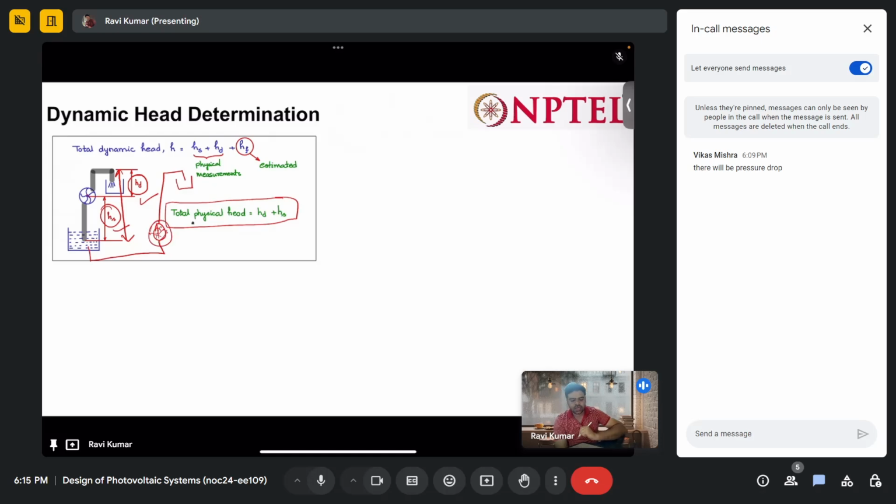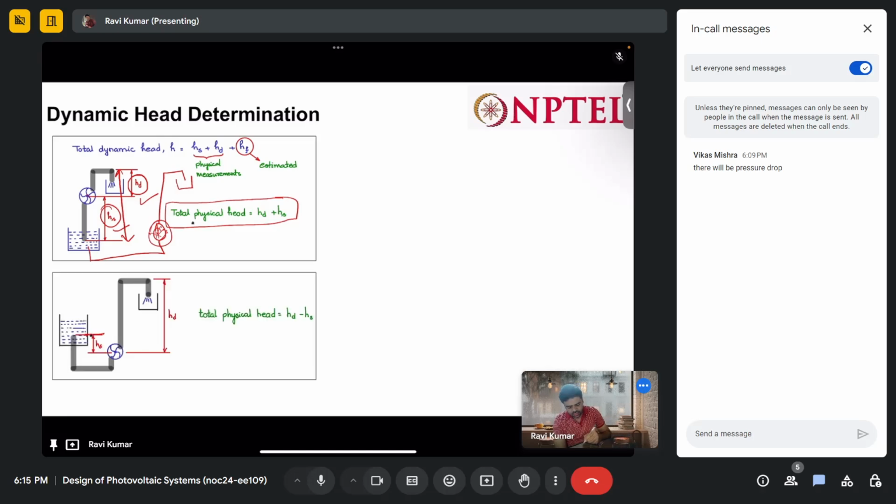Now what will be the head? Here you can understand it. So in this case, this is our HS, that is the suction head. This is our discharge head.